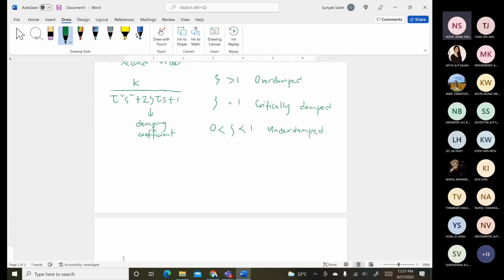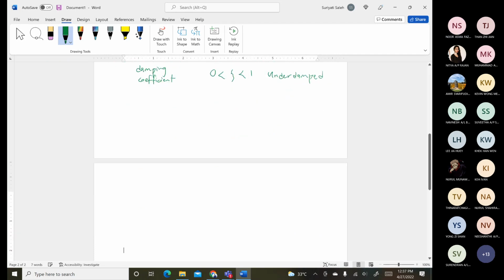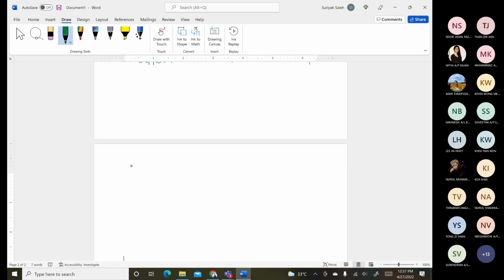All right. So far, all of the input that will be used is based on the step input. This is the fixed type of input that we will use. Why are we using the step?